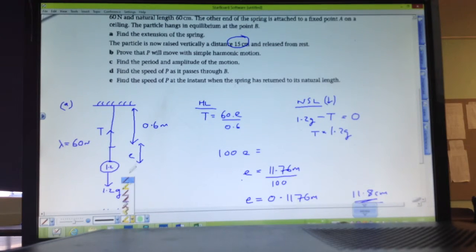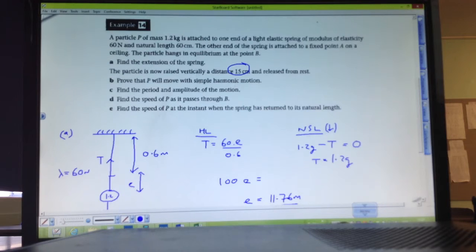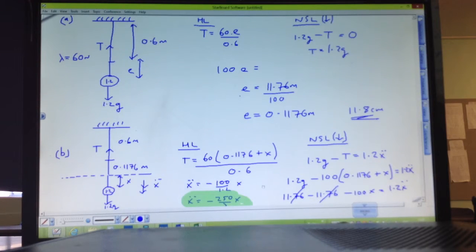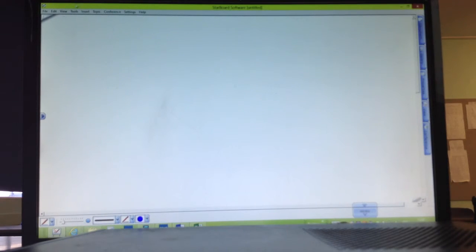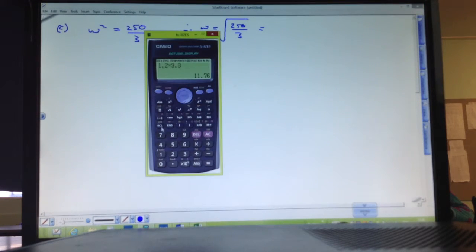So let me just get my pen back and go over the page. So period and thingamajig. So 250 over 3, let me go over the page now. I've got C. I've got omega squared equals 250 over 3. Therefore, omega is equal to the square root of 250 over 3, which equals, so I've got square root, fraction button, 250 and over 3.